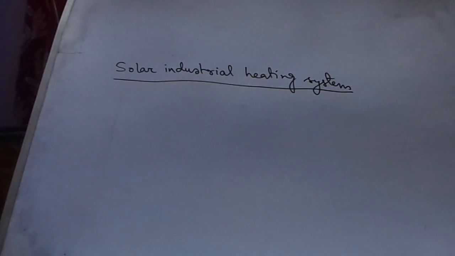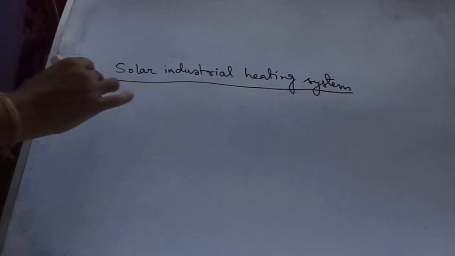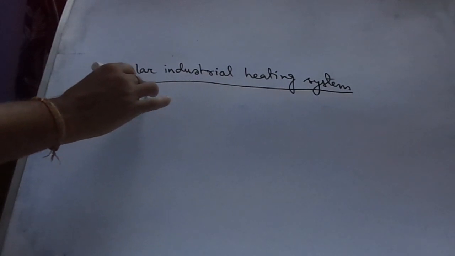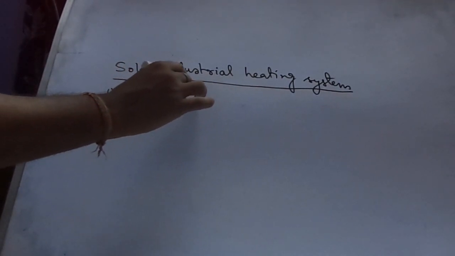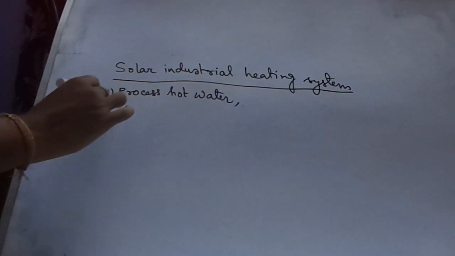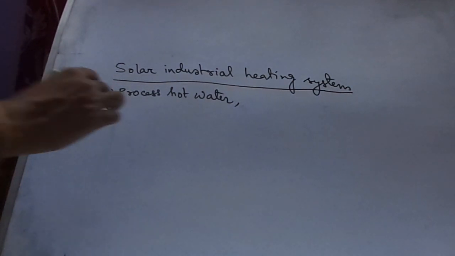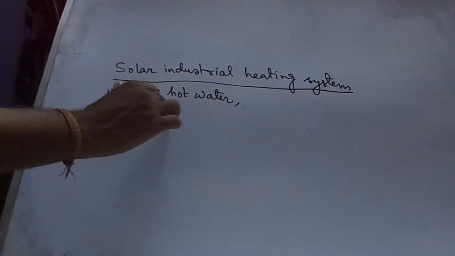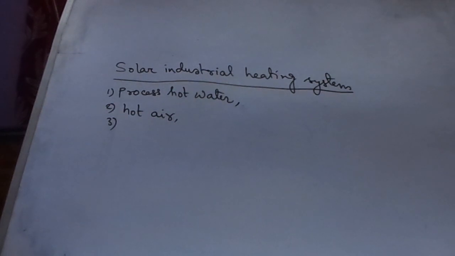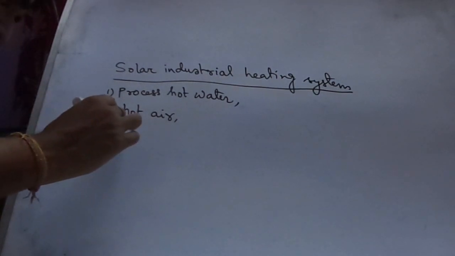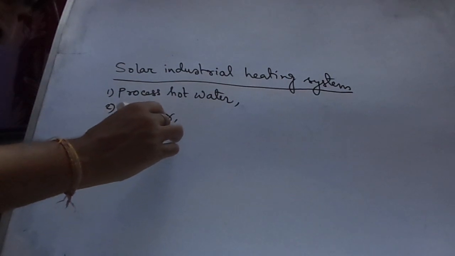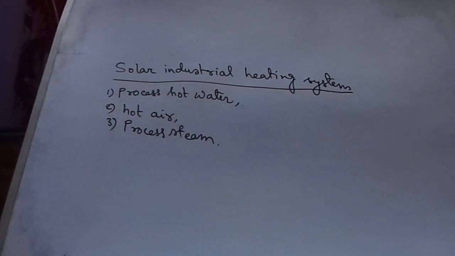The process heat in various industries is generally supplied in the form of process hot water, second, hot air, and third, process steam.